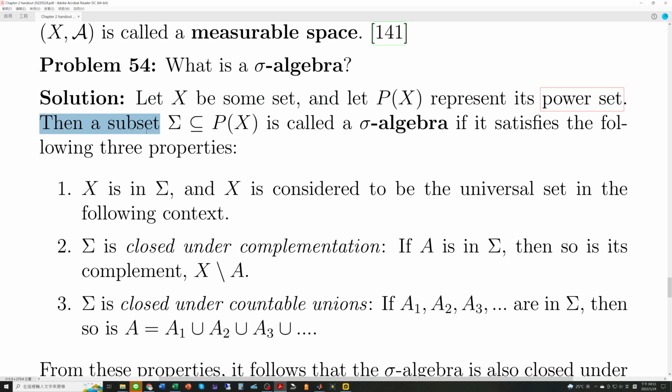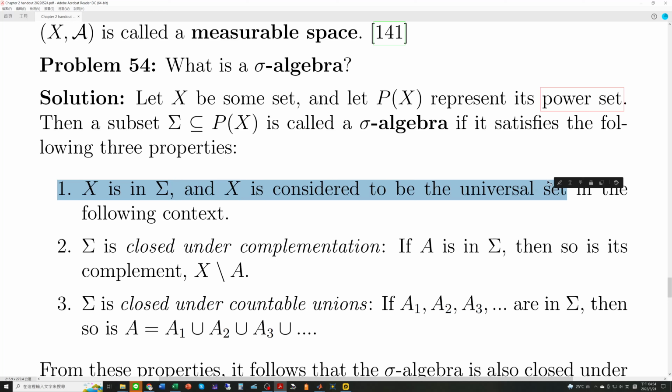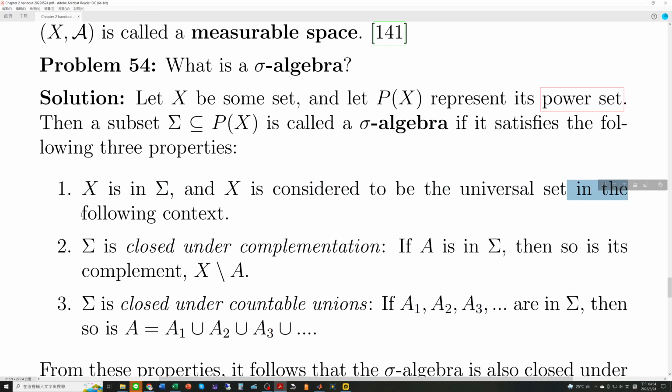Then a subset Σ of P of X is called a sigma algebra if it satisfies the following three properties. First, X is in Σ, and X is considered to be the universal set in the following context.